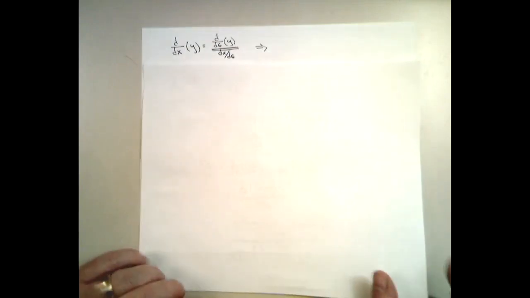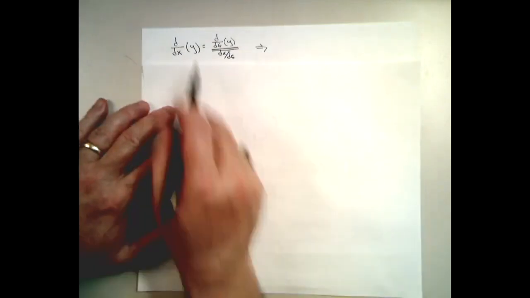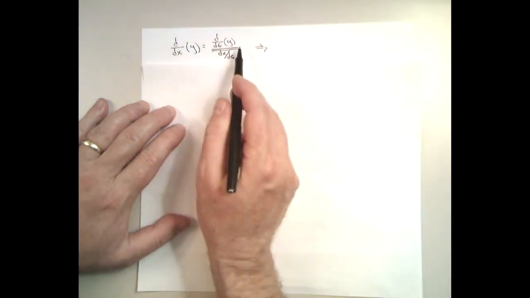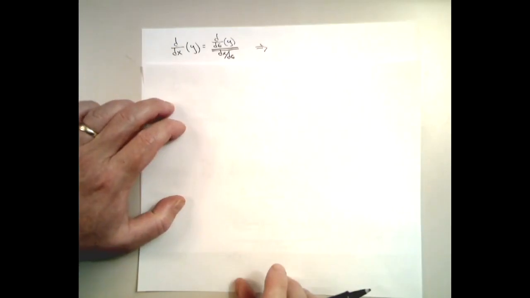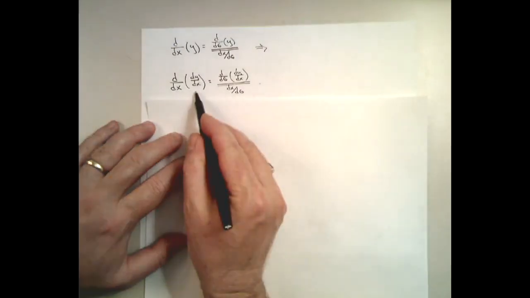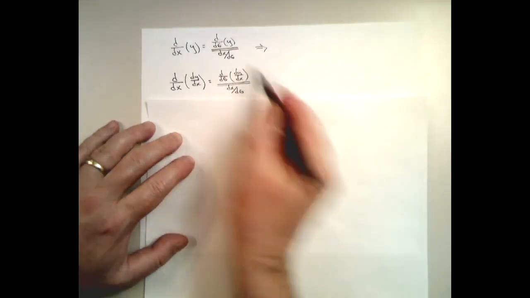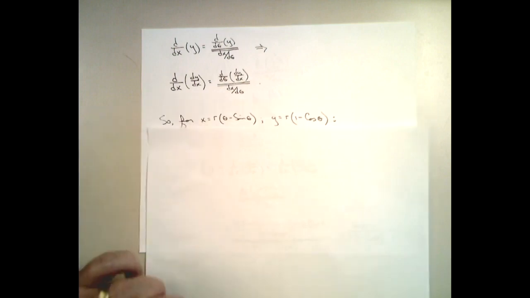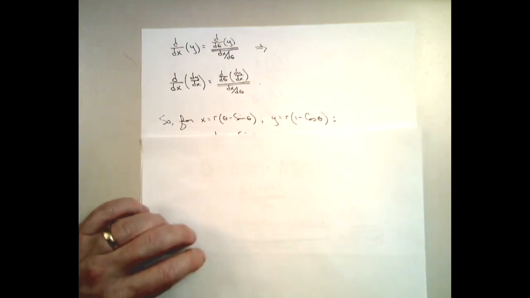So again, if the derivative with respect to x of y is this, then the derivative with respect to x of dy dx must be this.